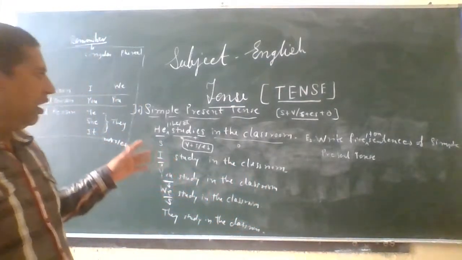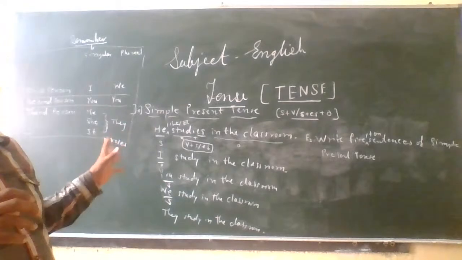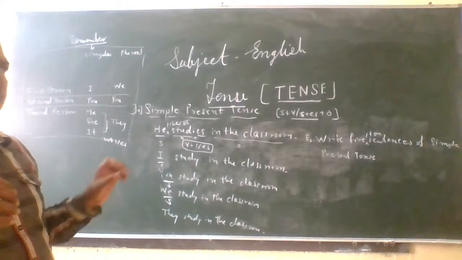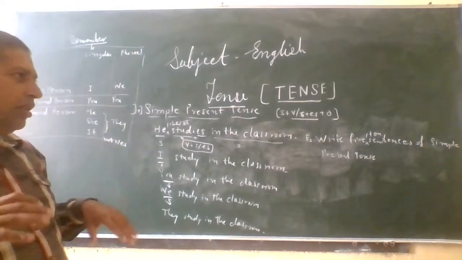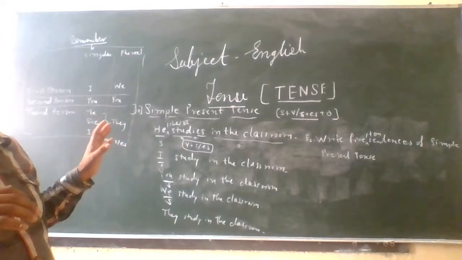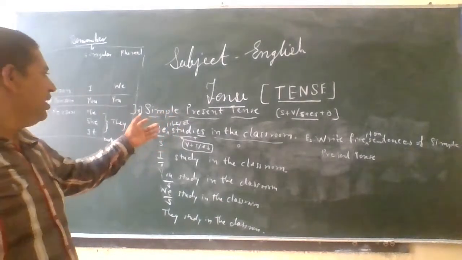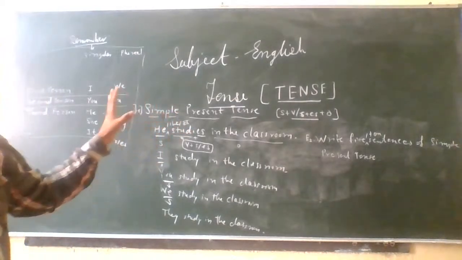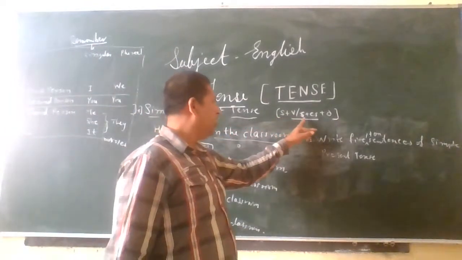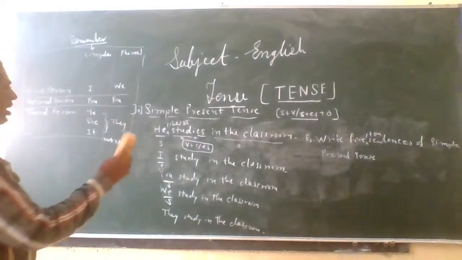I think I have cleared your ideas on how to identify it. You should identify the simple present tense when the verb has s or es added. When you add s or es to the verb, you can easily identify the simple present. Only keep it in your mind. Is it clear? That is exercise one.